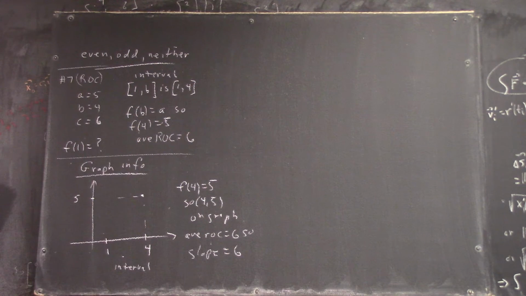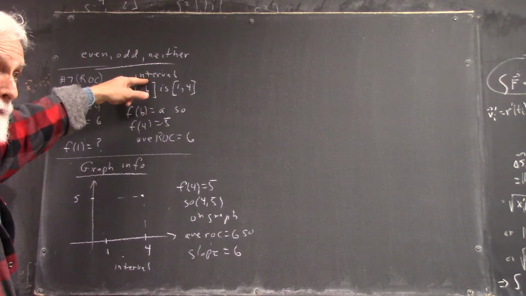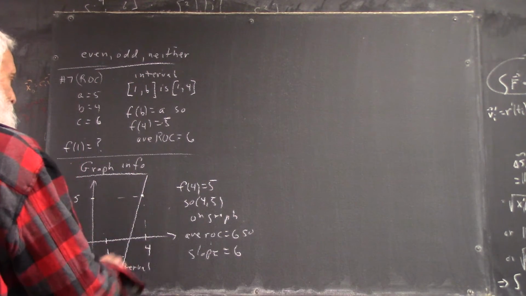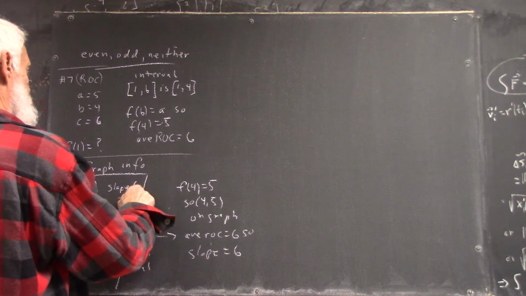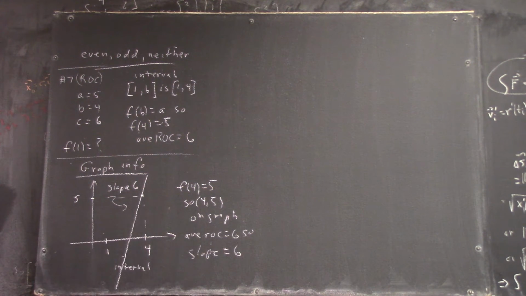Well, that's a pretty big slope, okay? That means if you go over 1 unit, you got to go up 6 units, right? Meaning that that slope is going to be real steep. So you got slope 6, at least on the interval, right?